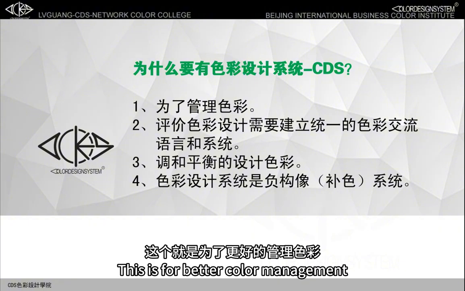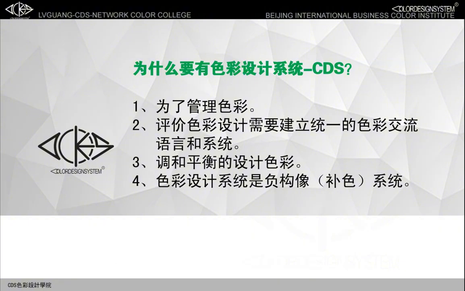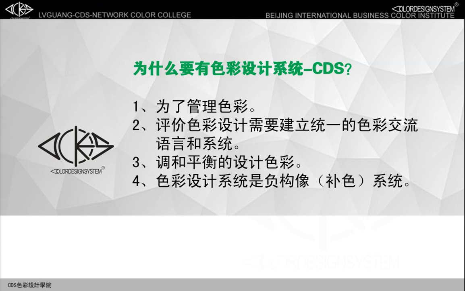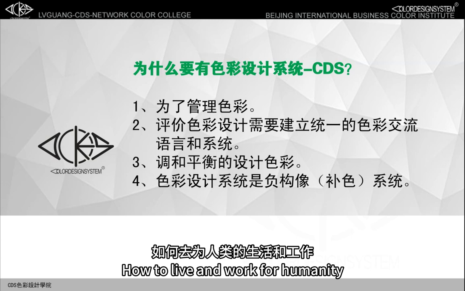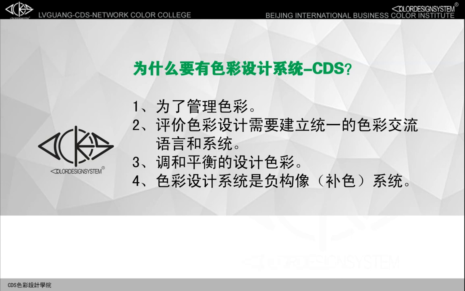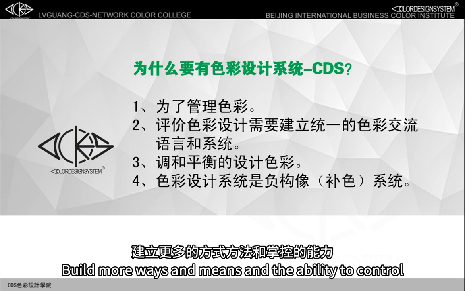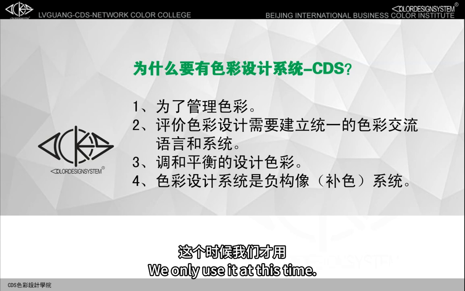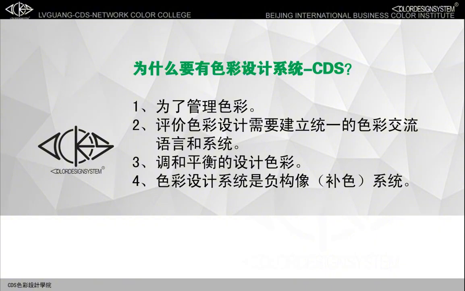This is for better color management. We do this for color, for how humanity lives and works, to build more ways and means and the ability to control. We only use it at this time. The subject of color management.